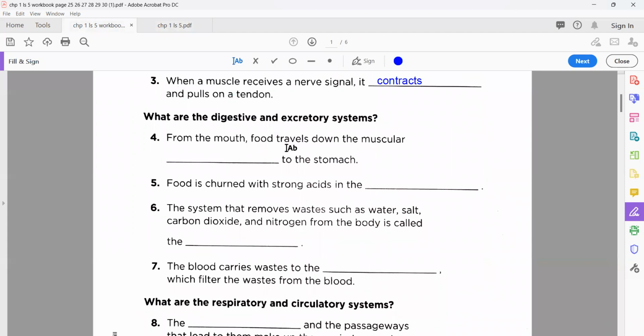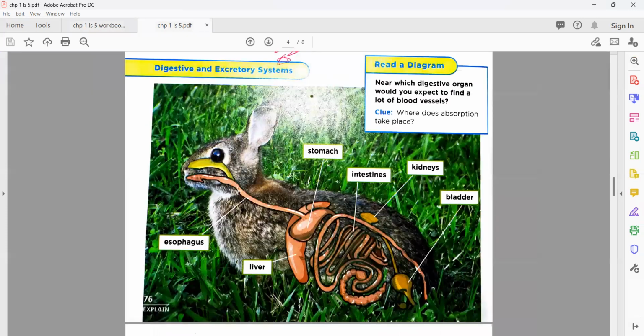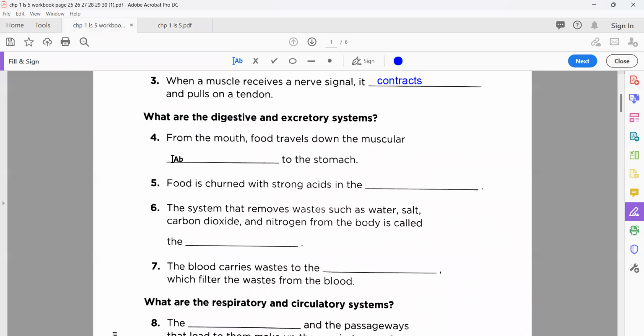From the mouth, food travels down the muscular dash to the stomach. You know this part, this one. What do we name this? Very nice, excellent. This we call the esophagus. Good.